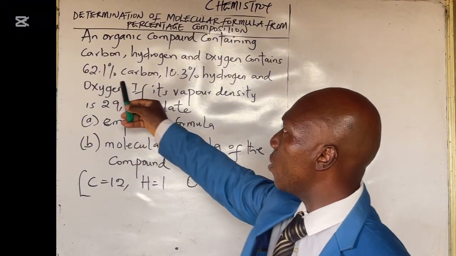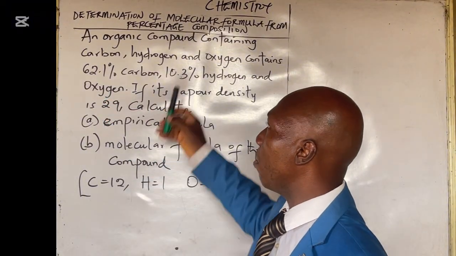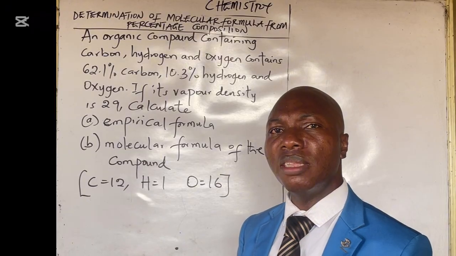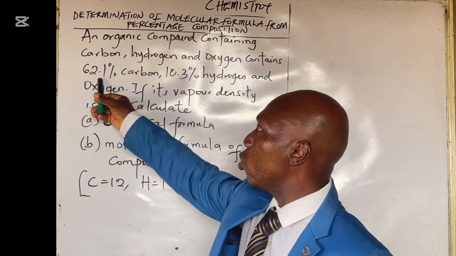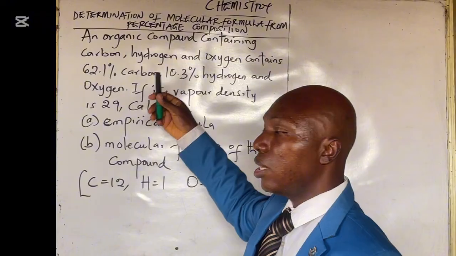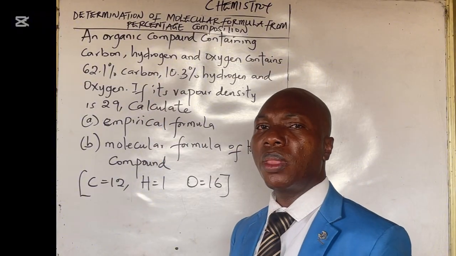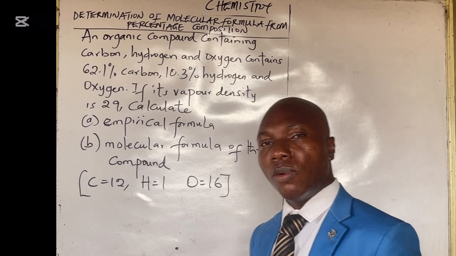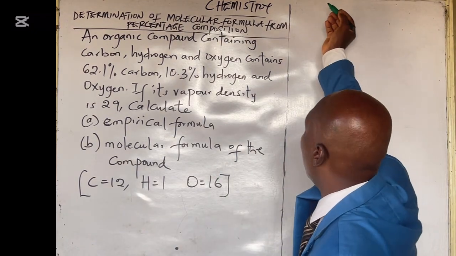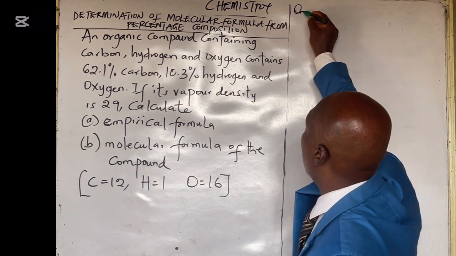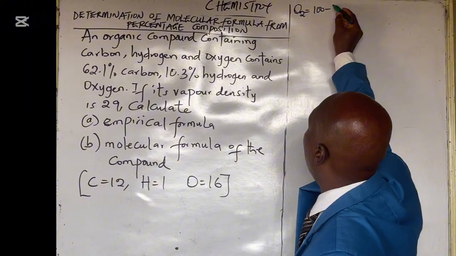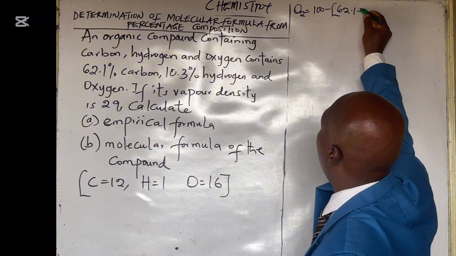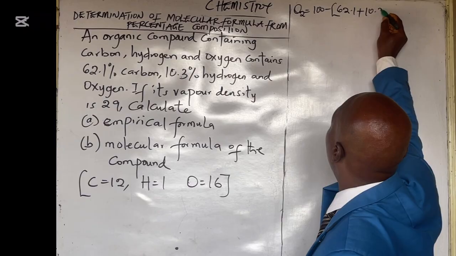But we are given 62.1% and 10.3%, so we can calculate that of oxygen by subtracting from 100. When we add up 62.1 and 10.3 and take it from 100, we get that of oxygen. So oxygen will be 100 minus the addition of 62.1 plus 10.3.